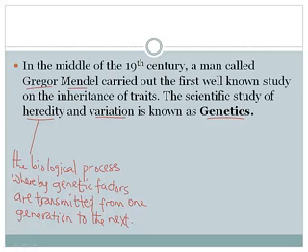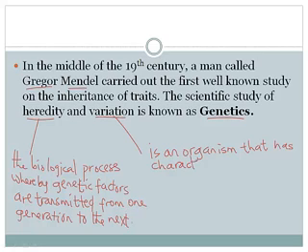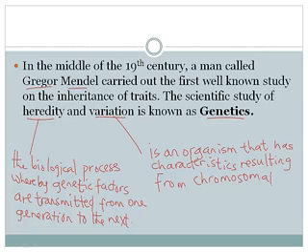Variation is an organism that has characteristics resulting from chromosomal alteration.